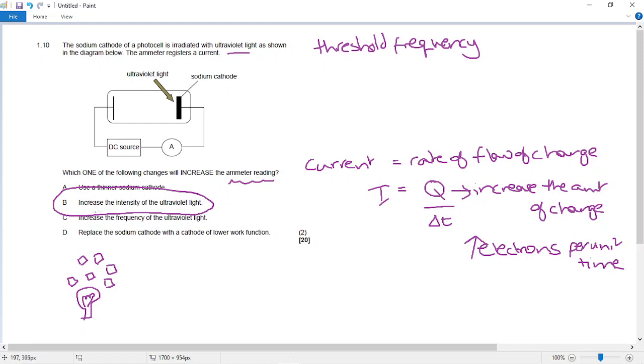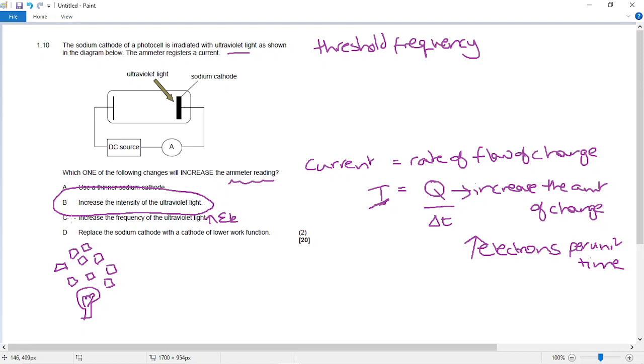So if you want to get more electrons to pop off, you have to emit more quanta. If you change the frequency of the ultraviolet light, you will just make the electrons come out with more EK. This increases the kinetic energy of each electron, but it's not going to give more electrons for your ammeter to count. Remember, an ammeter is just like an electron counter.